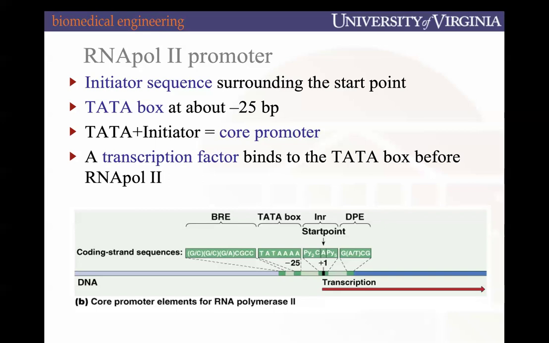A transcription factor is a key protein that's able to bind to DNA at the TATA box before RNA pol 2 is even there, and it helps RNA pol 2 more easily and readily bind to the promoter.